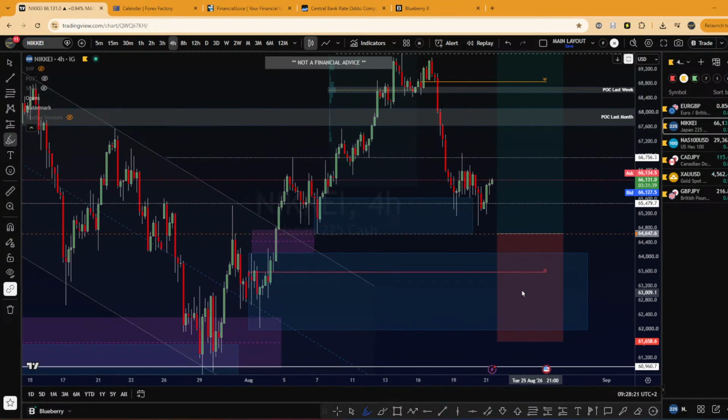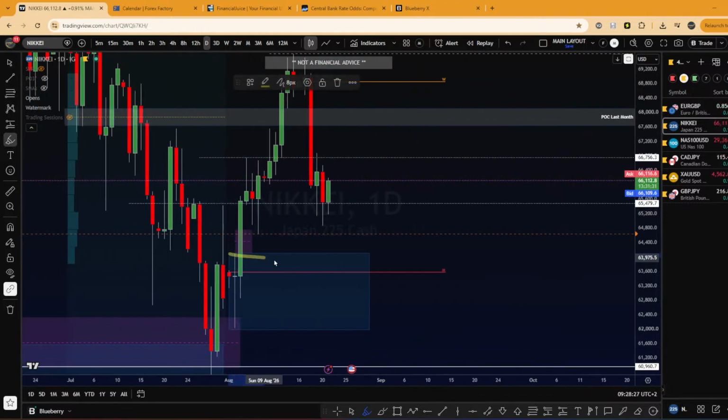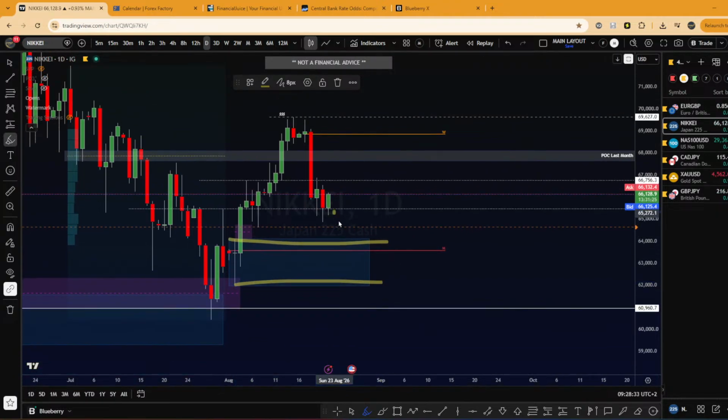So let's see, we also have on daily, if I go back on daily a little bit, this level which represents the last demand zone on discount that price could potentially retest again. I'm not saying that we are going to retest. Price could easily start to give a new impulse from here, from this level, without retracing even lower.